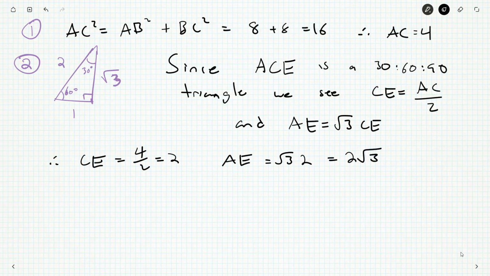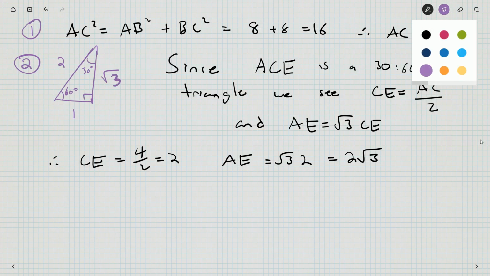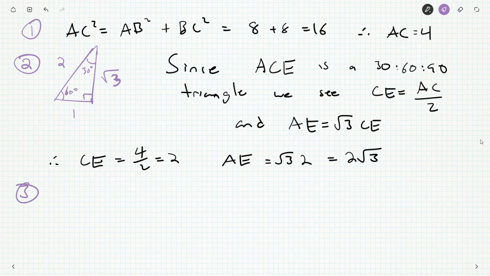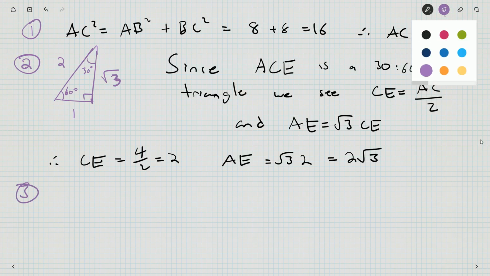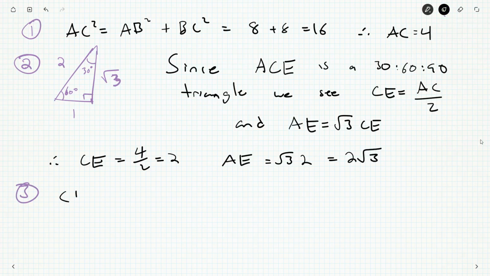All right, and finally, we've got step 3 here. CD is equal to DE is equal to CE, which is 2. So what do we got?